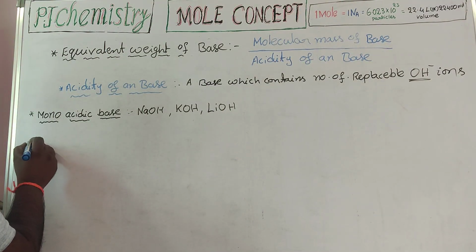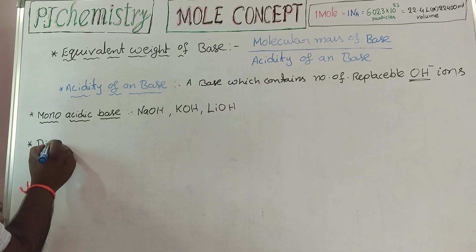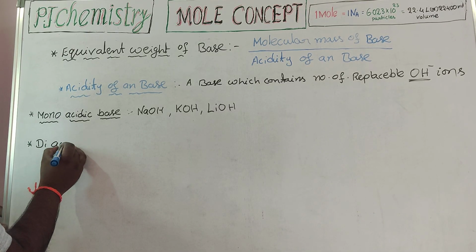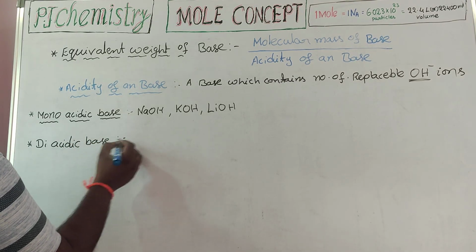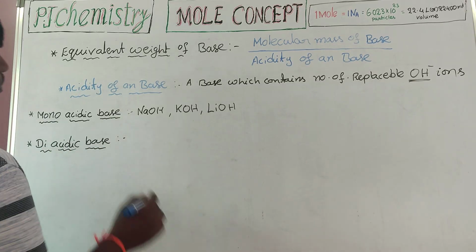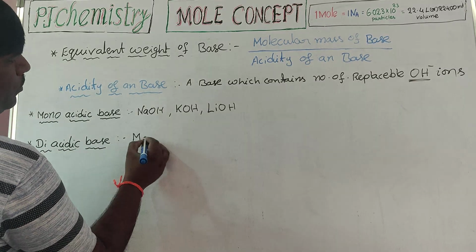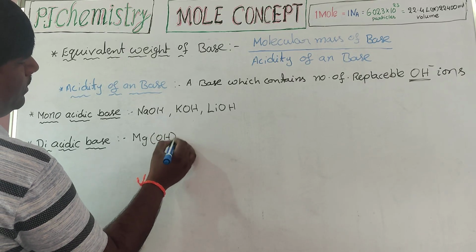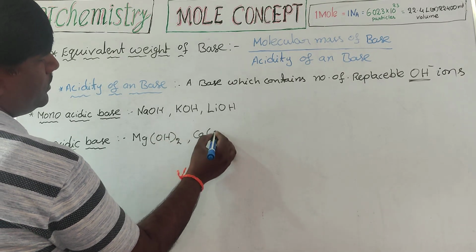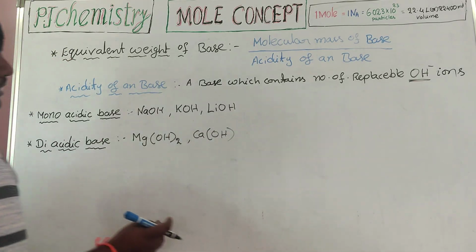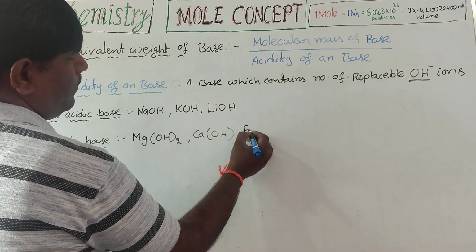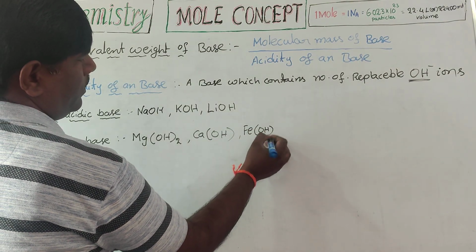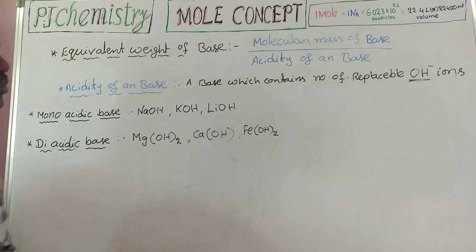Next, diacidic base. Diacidic base means it has two OHs, like Mg(OH)2, Ca(OH)2, Fe(OH)2, Cu(OH)2.